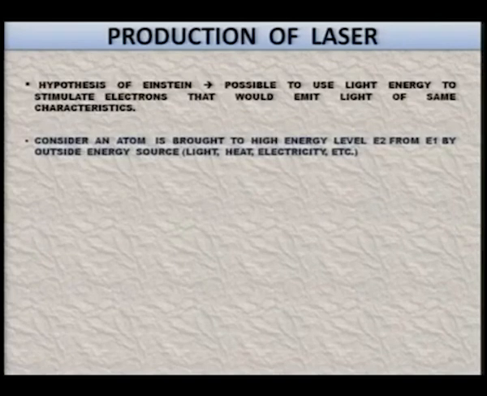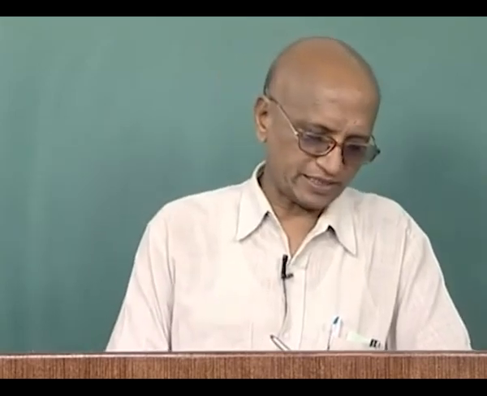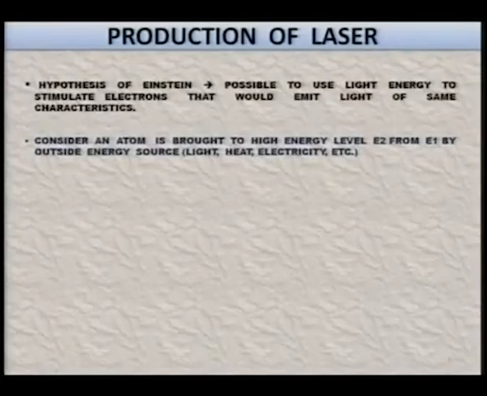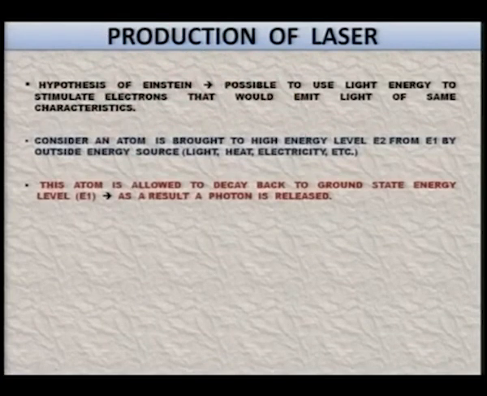Consider an atom that is brought to high energy level E2 from energy level E1 by an outside energy source. This outside energy source can be light, heat, electricity, or some other appropriate outside energy source which will stimulate the atoms in the lasing material from energy level E1 to the energy level E2.